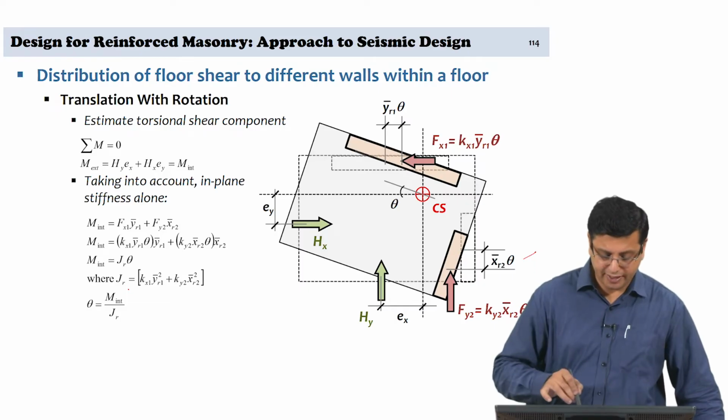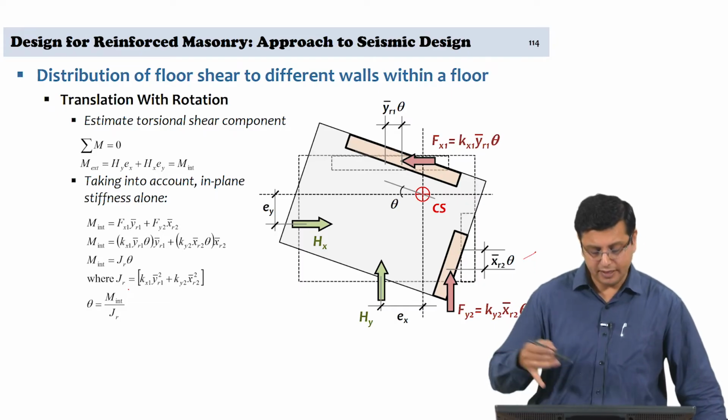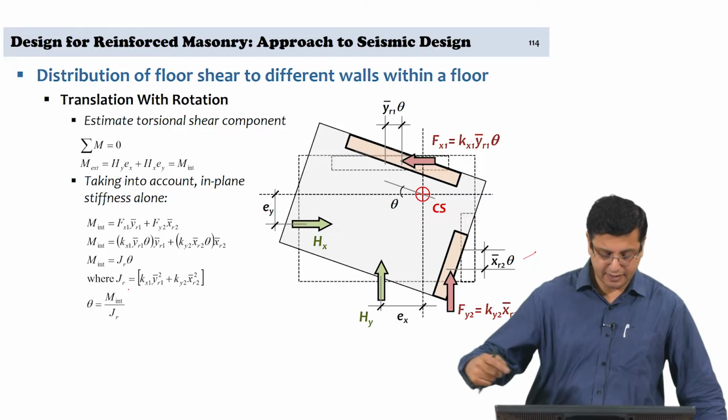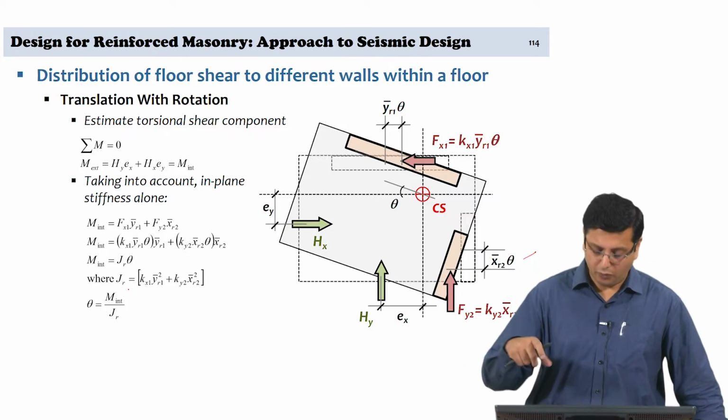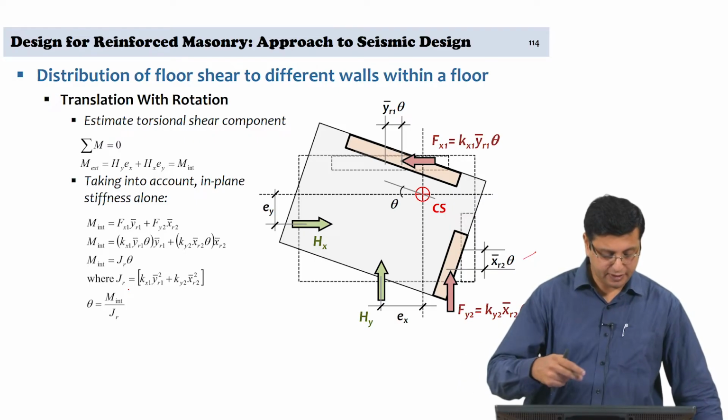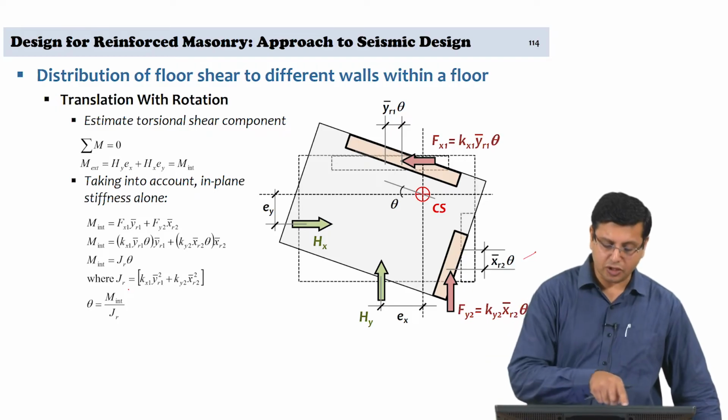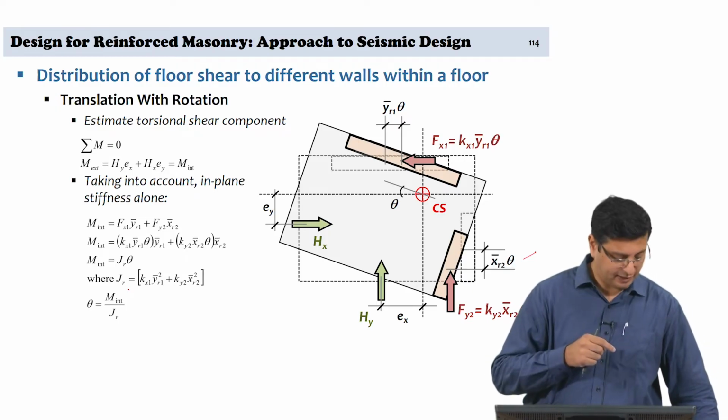So, we are able to rewrite the expression in terms of the stiffnesses and these eccentricities for each of the walls, wall 1 and wall 2, and establish what is the torsional shear component that is acting on the wall.